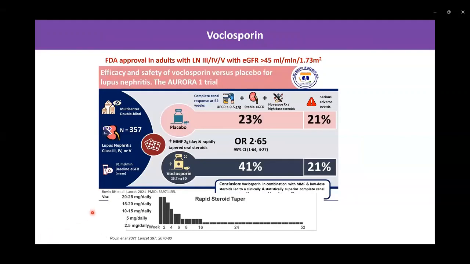One of the most noteworthy features of the trial protocol was this rapid steroid tapering. So by 16 weeks of therapy, adults were on steroid doses which were as low as 2.5 milligram daily. And this was extremely interesting that despite this, addition of voclosporin to MMF improved outcomes at 52 weeks.